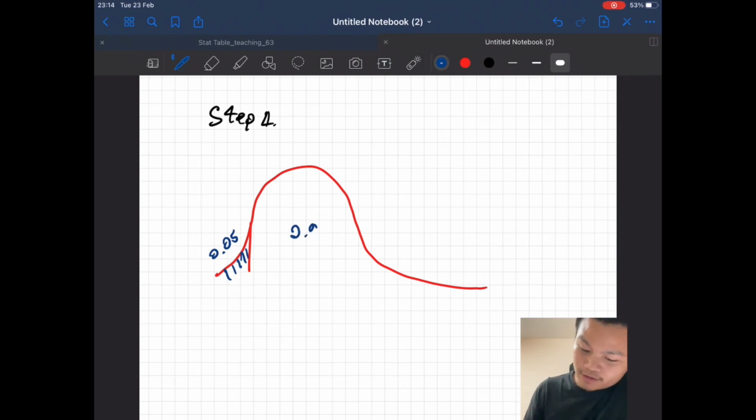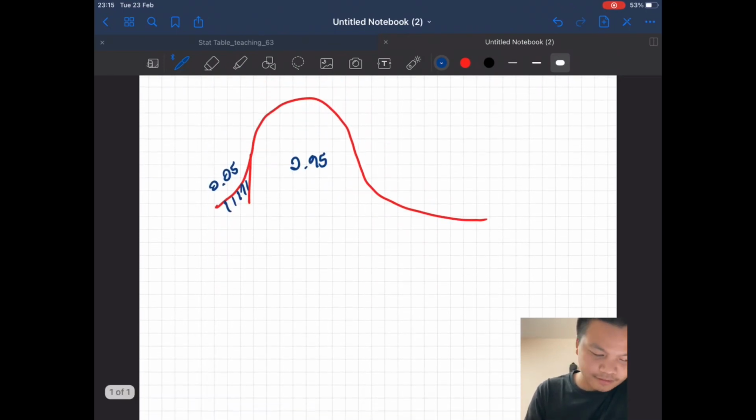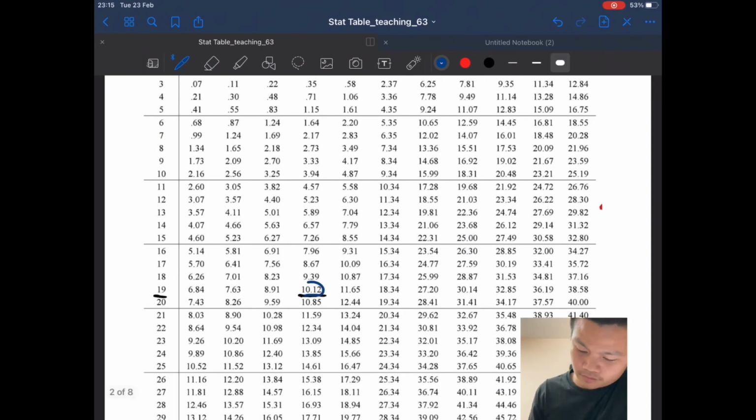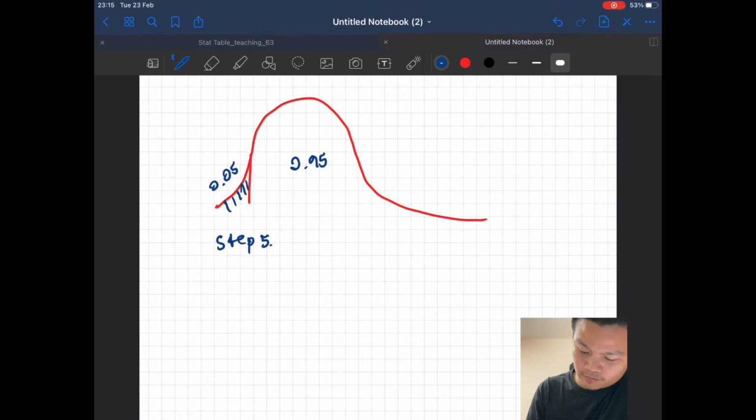Step 5: open table of chi-square, 10.12.